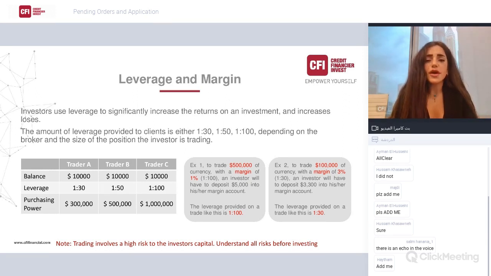We also moved to talking about margin trading. The advantage of this platform, as we said from the start, is that you can take advantage of prices moving upward or prices moving downward. A lot of people have this question in mind: how can I sell something that I don't own? The thing is, you have your wallet, you have your capital. You are not owning the euro or the gold.